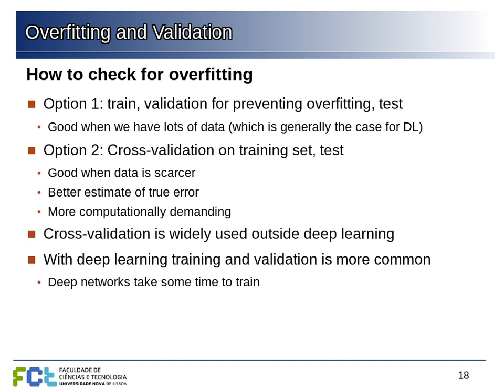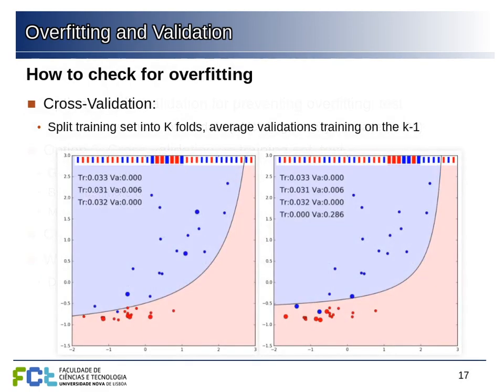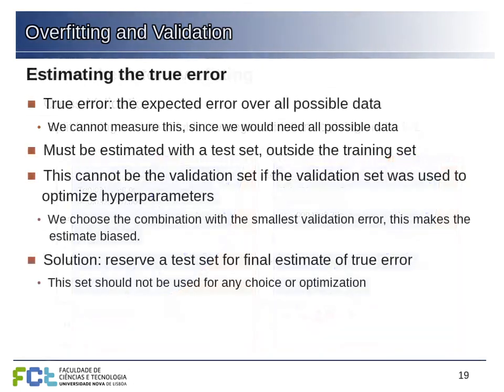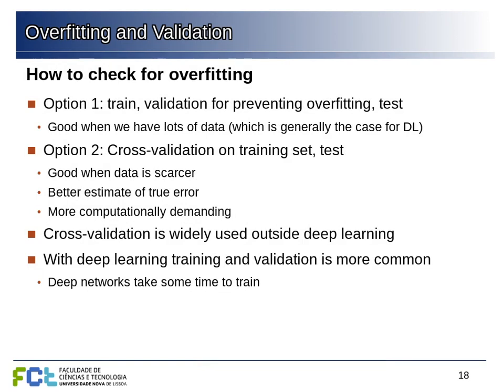Generally, when you have lots of data, then having just one validation set and just doing this once, so basically you can imagine here, we leave some points for validation, we train here, and we check for overfitting there. That would be doing this just with training and validation. This is a good approach when we have lots of data, which is generally the case for deep learning, and when training our model is expensive and we don't want to repeat that several times.